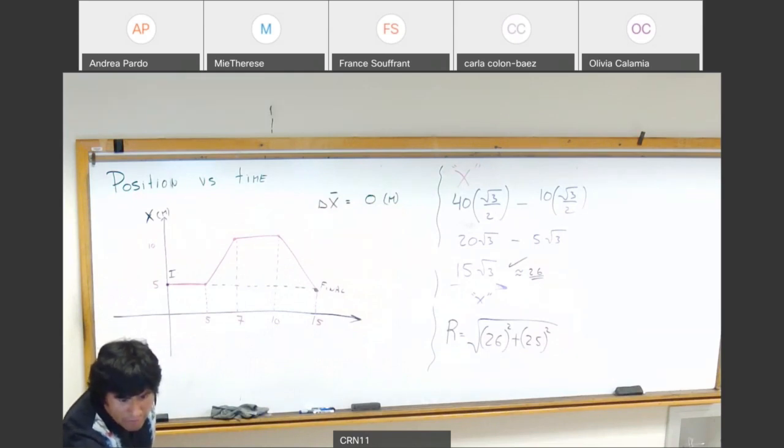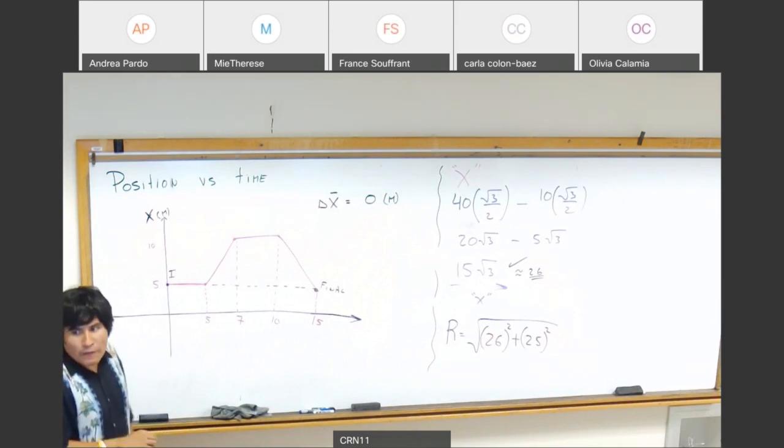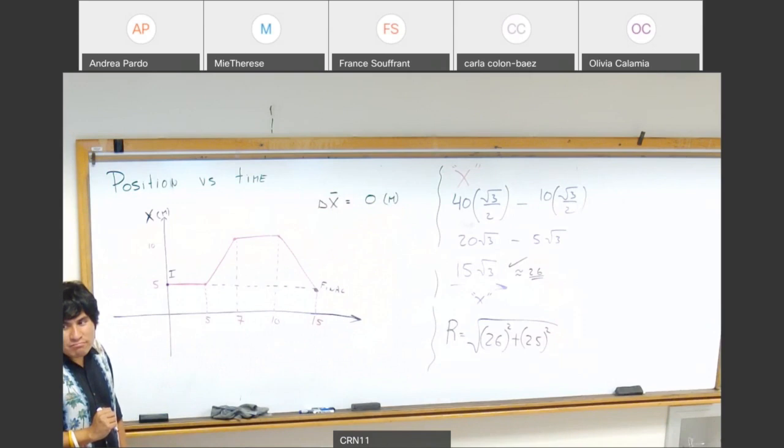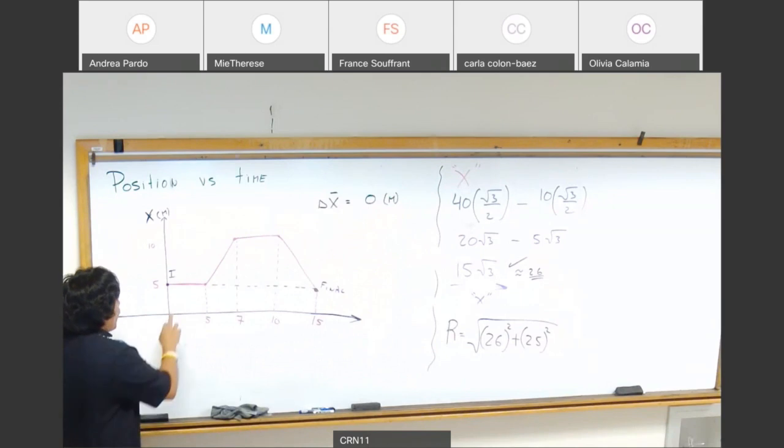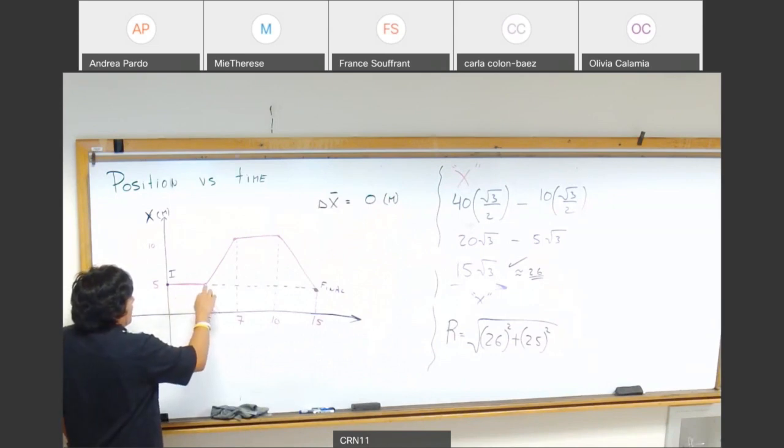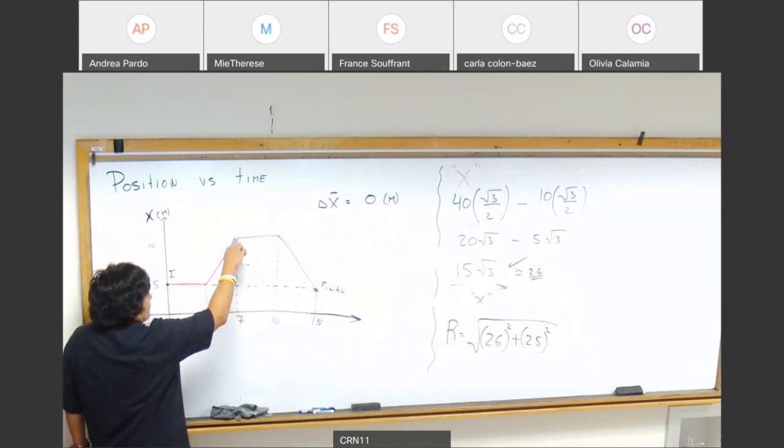Is that clear why? Right? Because your final position was the same as your initial position. But what will be the distance? The distance is not 0 because I moved, right? So first I was at 5. I moved 5 meters.